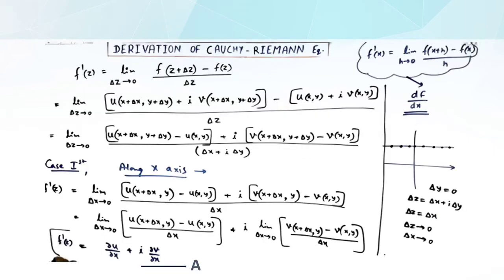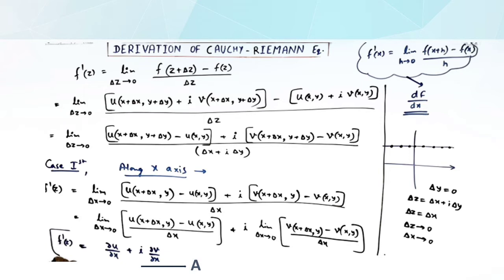Now we come towards the derivation of the Cauchy-Riemann equation. We get f dash of z, with limit delta z tends to 0, as f of z plus delta z minus f of z upon delta z, which equates to limit delta z tends to 0 of u of x plus delta x comma y plus delta y plus i v of x plus delta x comma y plus delta y minus u of x comma y plus i into v of x comma y, whole upon delta z.